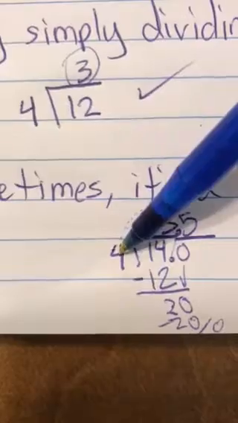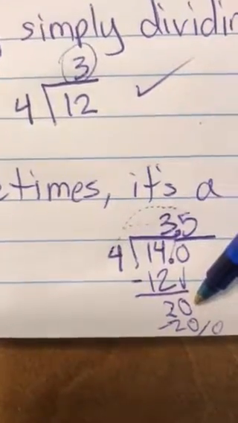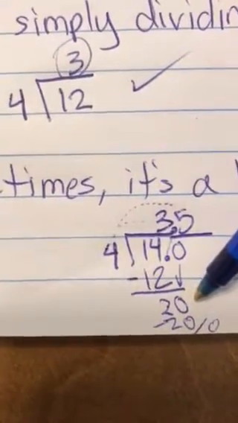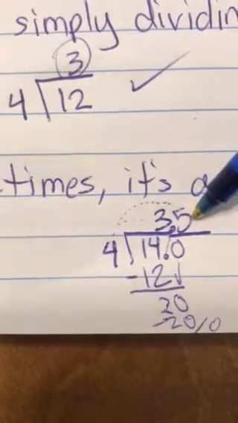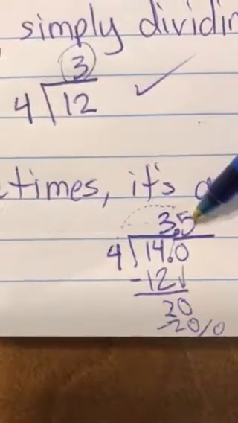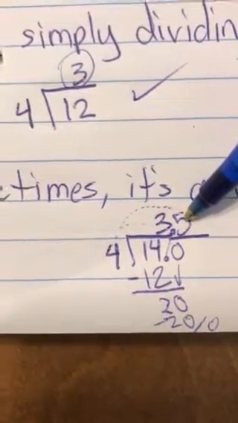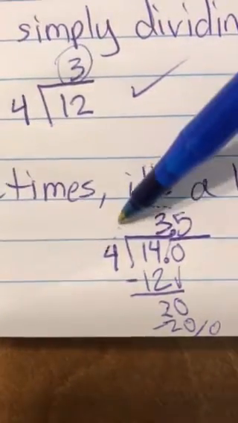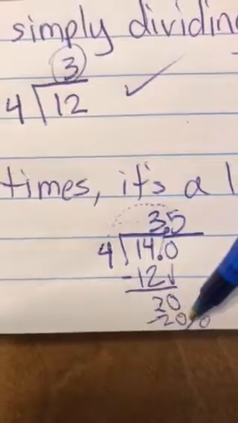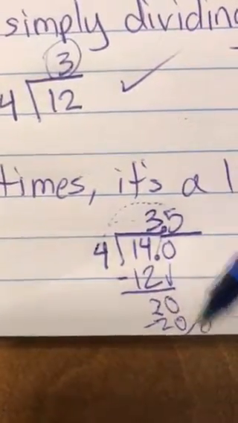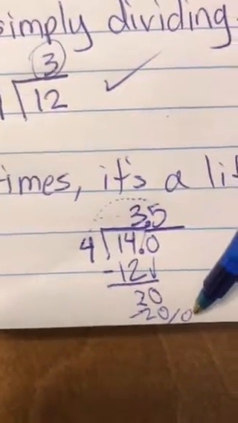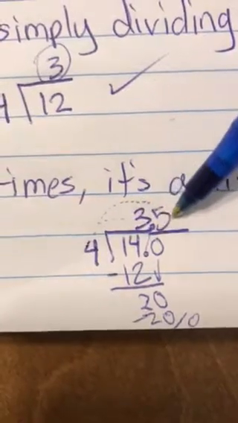Now I'm going to say, how many times does 4 go into 20? 4 goes into 20 5 times. Anytime I put a number on top, I've got to multiply. 5 times 4, I got 20. Subtracted it out, now I've got my 0. So my answer is 3.5.